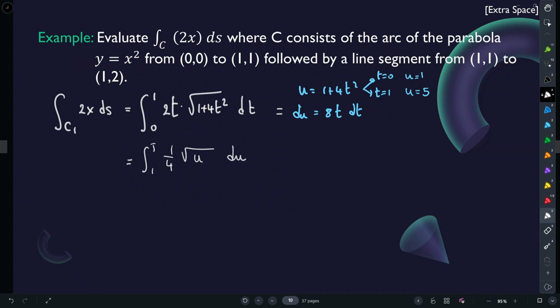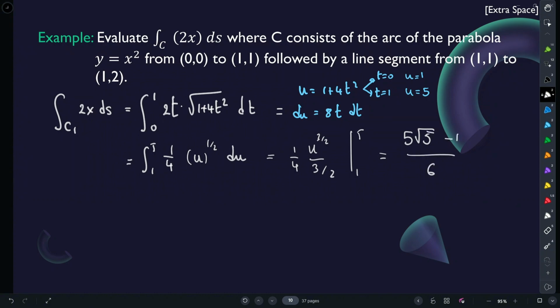That is even better if I write it as u to the 1/2, and then that will be a fourth of u to the 3/2 divided by 3/2 between 1 and 5, and all done. I get 5 times the square root of 5 minus 1, divided by 6. Okay? That's the integral in the first segment.